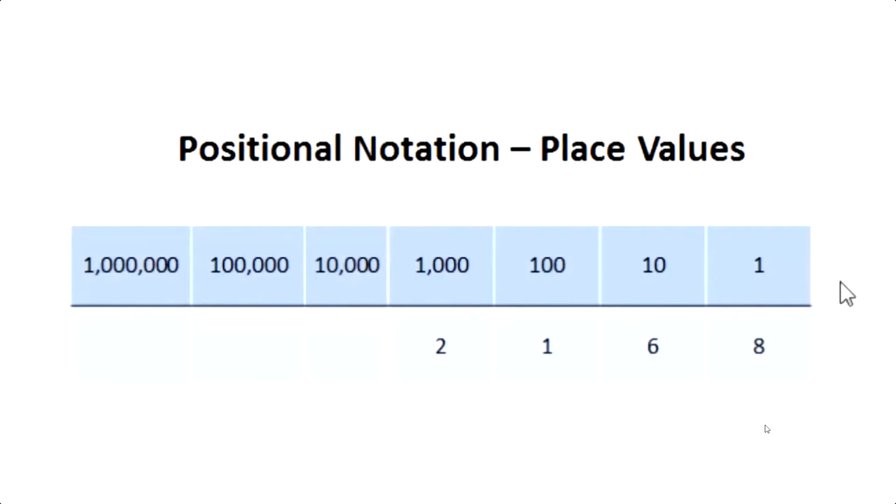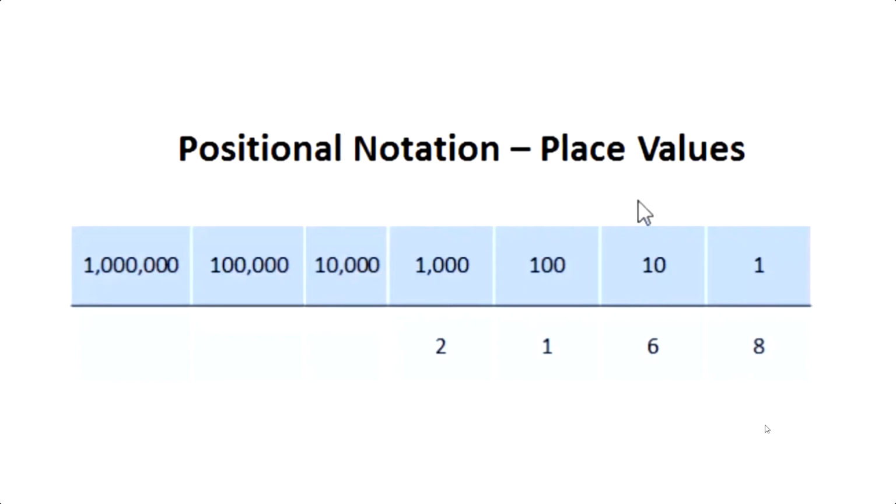These are the place values of the base 10 decimal number system. We have the number 2 in the 1,000s place, so we have 2 1,000s. We have a 1 in the hundreds place for 100. We have 6 in the tens place for 60, and we have 8 in the ones place for 8. So effectively, we have 2 1,000s, 1 100, 6 tens for 60, and 8 ones for 8.